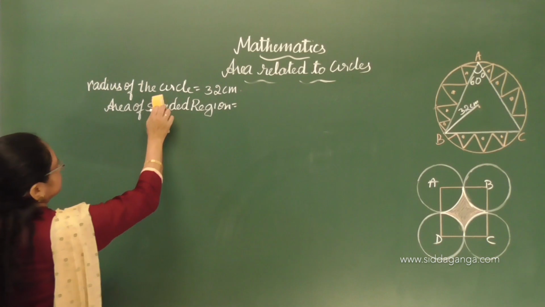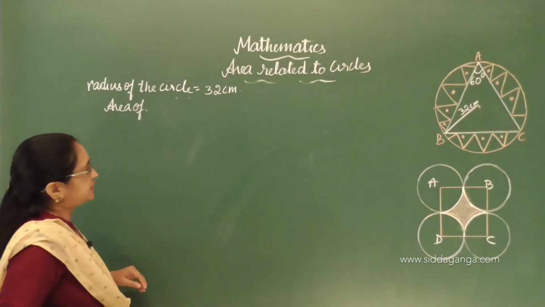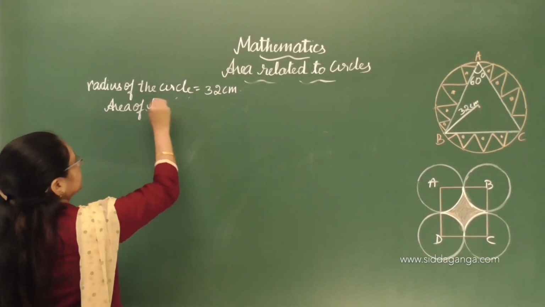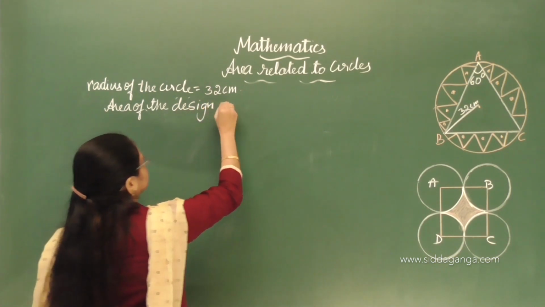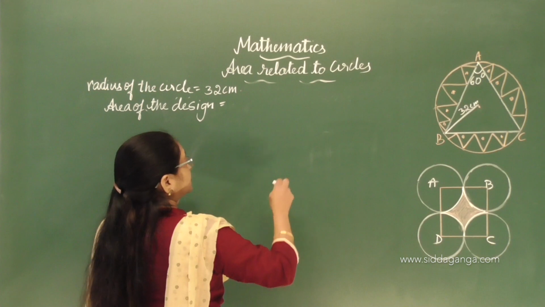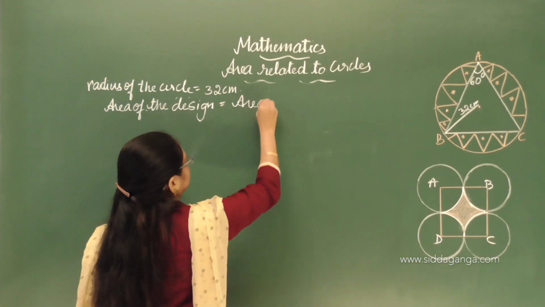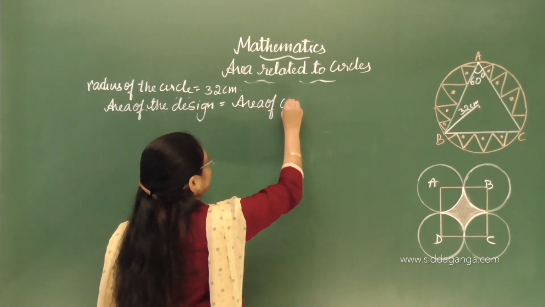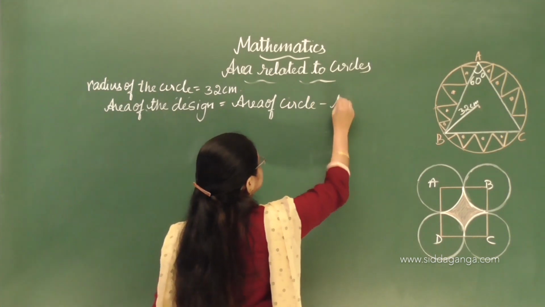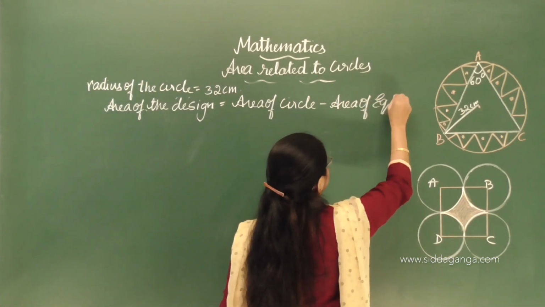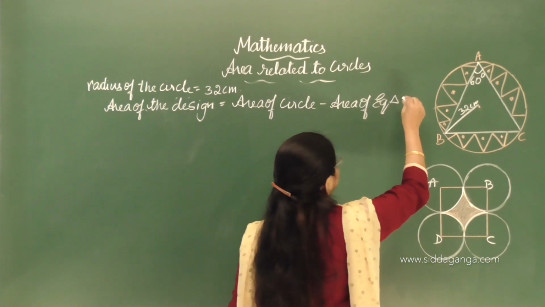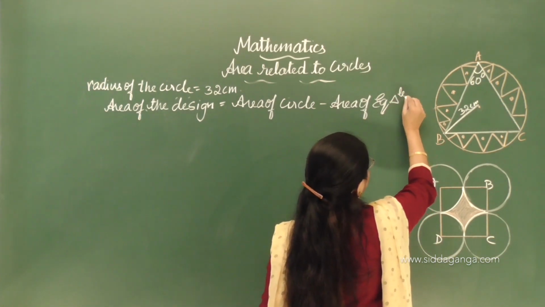So, area of the design is equal to area of circle minus area of equilateral triangle ABC.